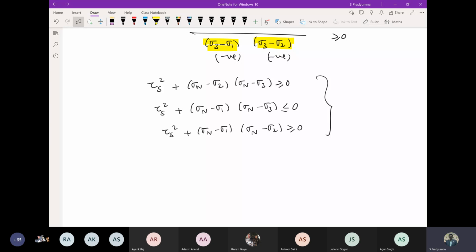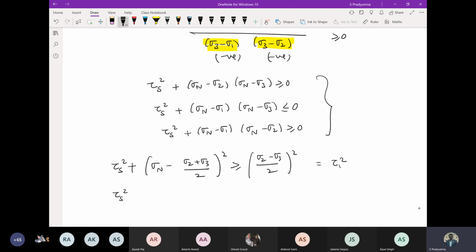I will write it in a different way: tau s square plus sigma n minus sigma 2 plus sigma 3 by 2 square greater than or equal to sigma 2 minus sigma 3 by 2 square. I call this as tau 1 square.